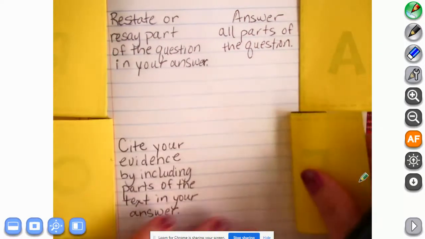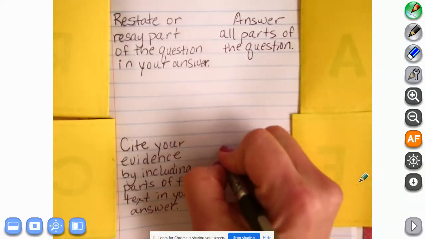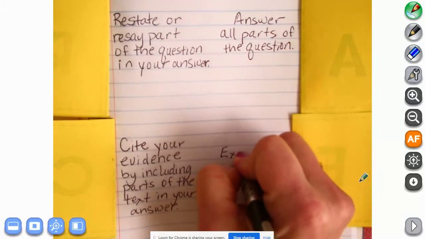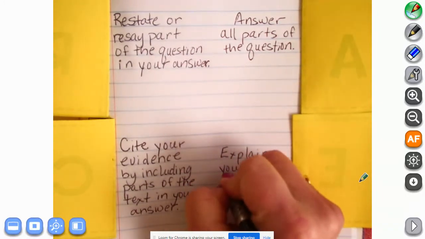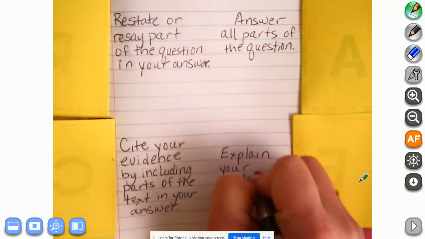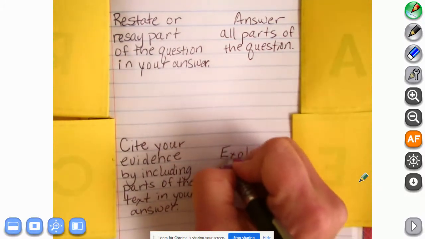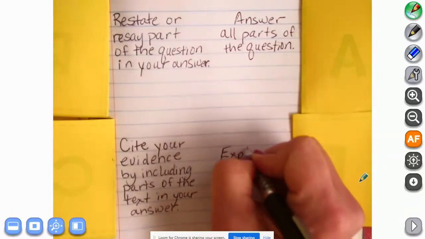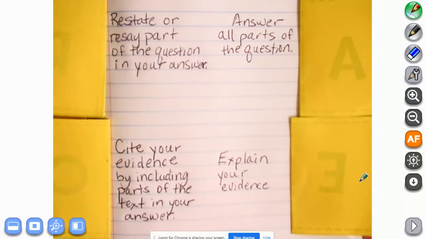And E stands for explain your evidence. Explain your evidence. So you're going to tell why you picked your answer, why you picked that to be your evidence to show, citing your evidence by including parts of the text in your answer.